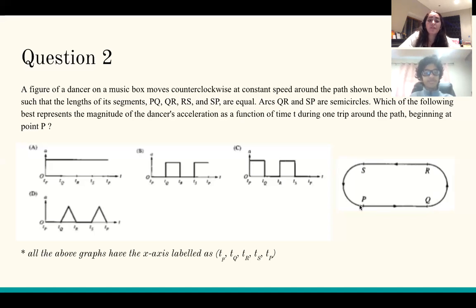It is important, however, to recognize that in real life, obviously this doesn't happen, and you will have to accelerate to a certain extent to allow yourself to gain the velocity required. And the force, which oftentimes won't be as instinctive to notice, is actually the frictional force, if you're hypothetically in a car. But in this case, obviously it's a figure of a dancer in a music box, so you can think that it's a frictional force.